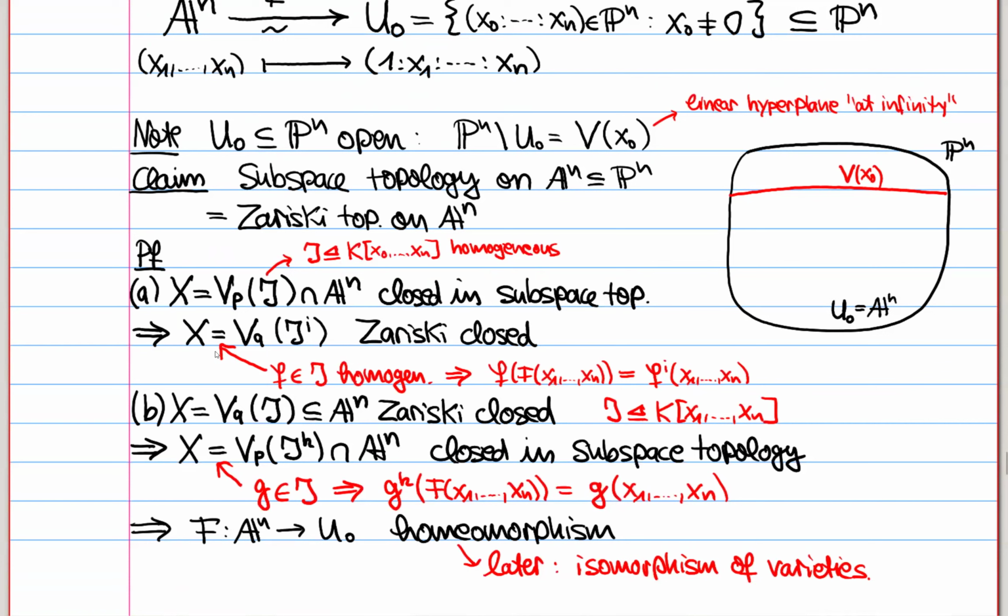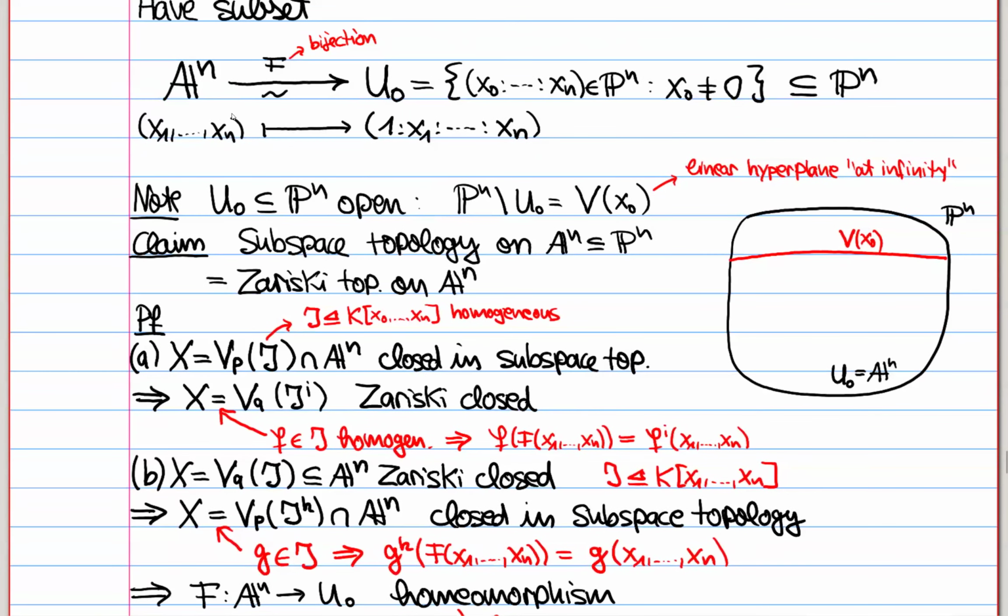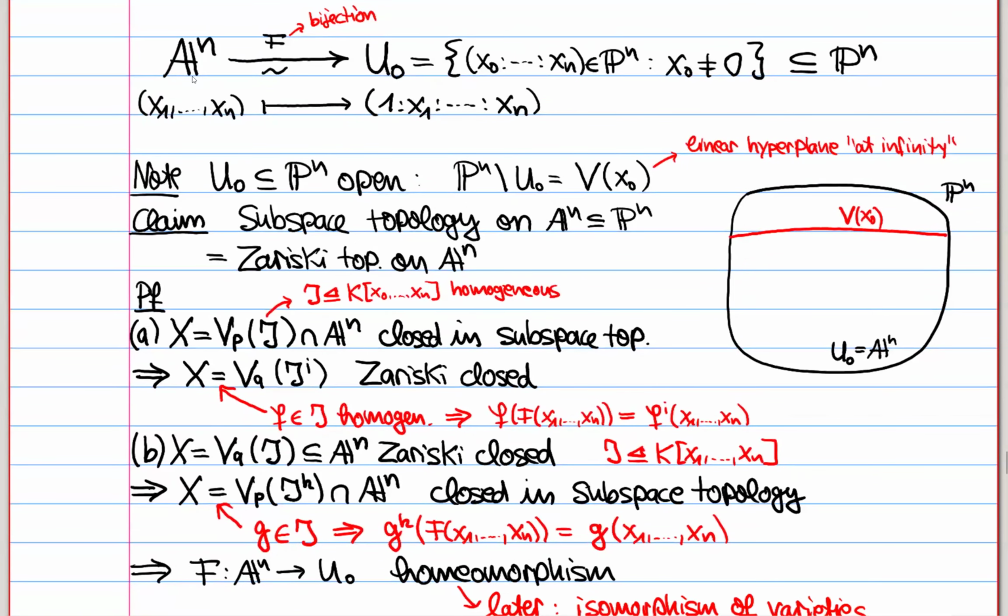And for this, well, just observe, points in X are cut out by these homogeneous polynomials in J, and they should also sit inside An. And then if you take the pre-image of such a point under F, we ask which points here map to X. And so it's just points x1 up to xn, such that f of this point has the property that all these f vanish there.